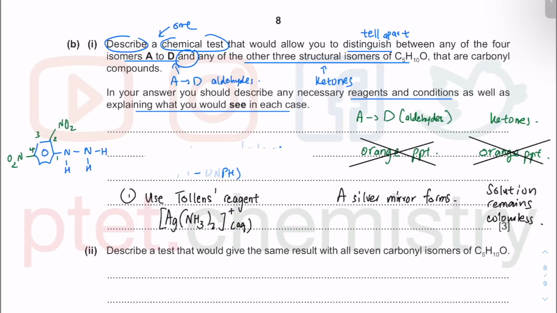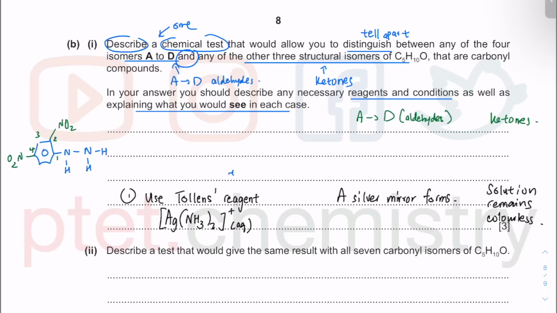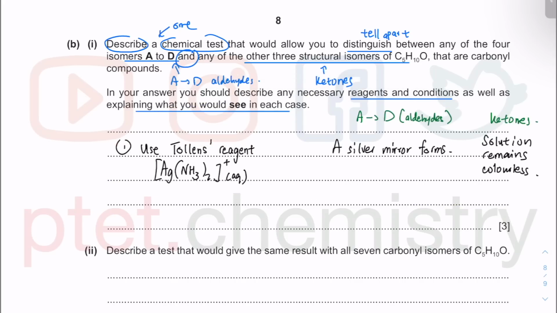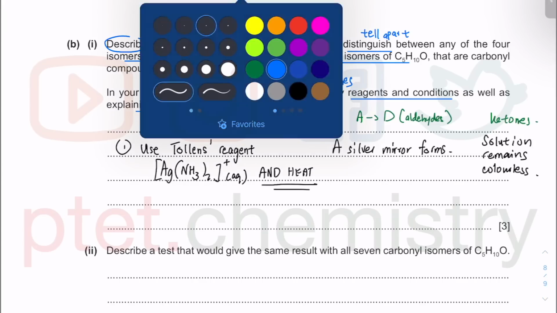So I'm going to remove that 2,4-DNPH because that was obviously wrong chemistry. I don't want to be teaching wrong chemistry to you, so hopefully you will forgive me. All right. There is actually another choice. Use Tollens reagent and heat. You need to heat gently as well. So there are the conditions.